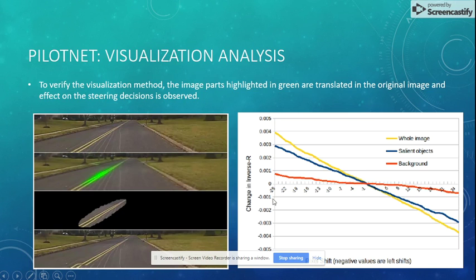As you keep shifting these salient objects, the steering decision changes vastly, and it is more similar to the effect produced when the entire image is shifted.